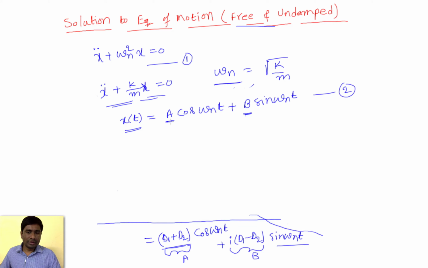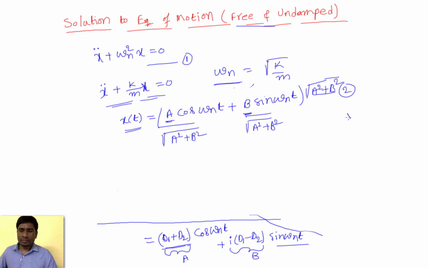For example, if I divide this equation by the square root of a square plus b square and multiply with a square plus b square. So if I take a triangle here, this is a and this is b, and this will become the square root of a square plus b square.